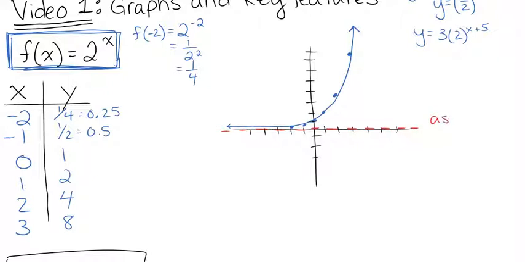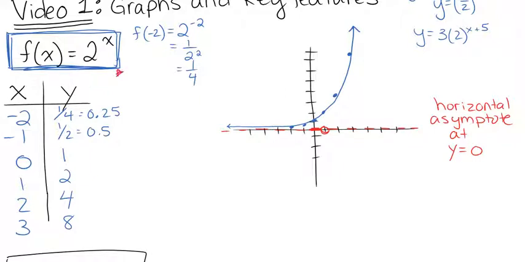I'm going to describe that as a horizontal asymptote at y equals 0, because if you notice, it goes right along this line, y equals 0. That's how we describe a horizontal line. We always call it y equals something, so in this case, 0. It's an asymptote because our function is approaching it, but it will never reach 0.